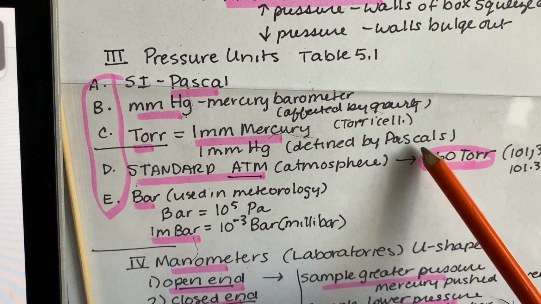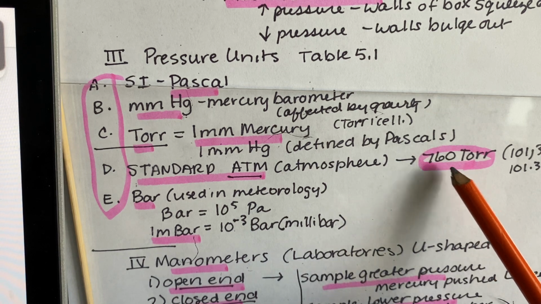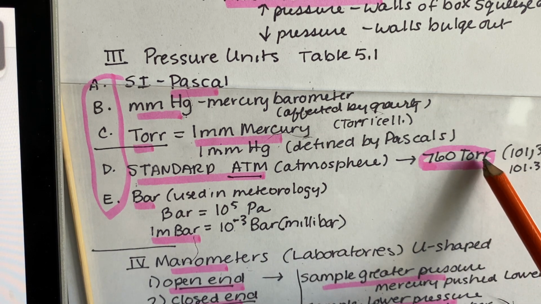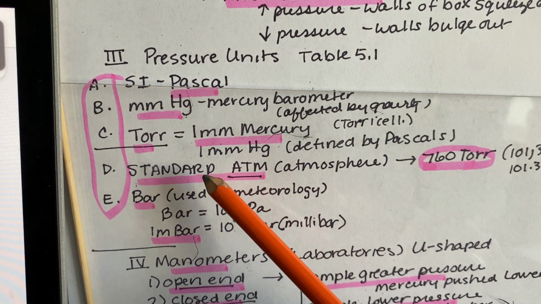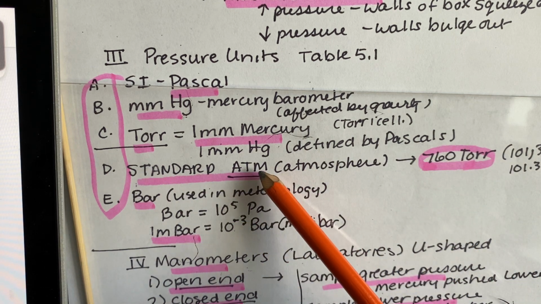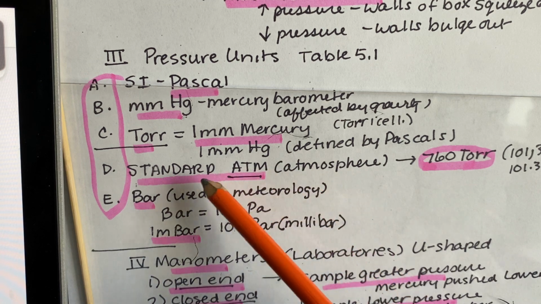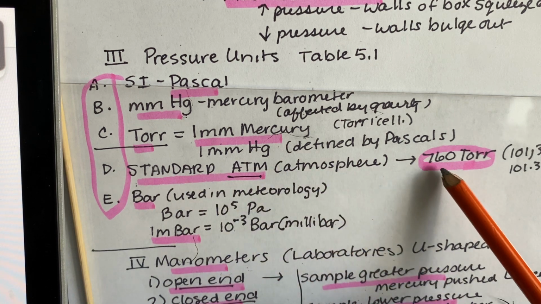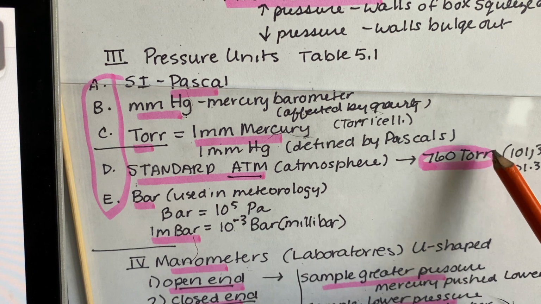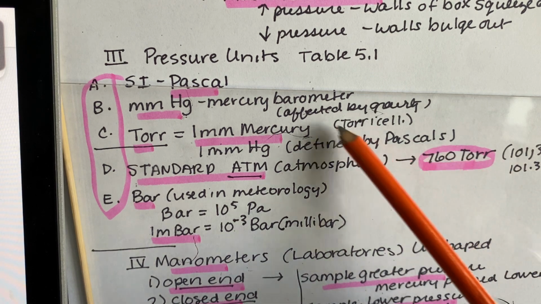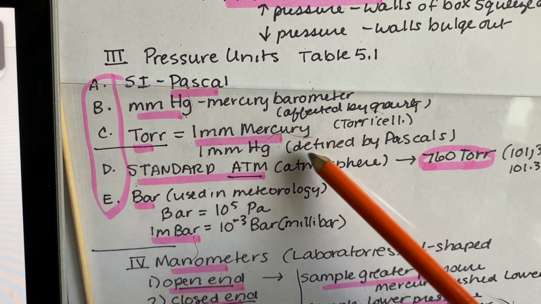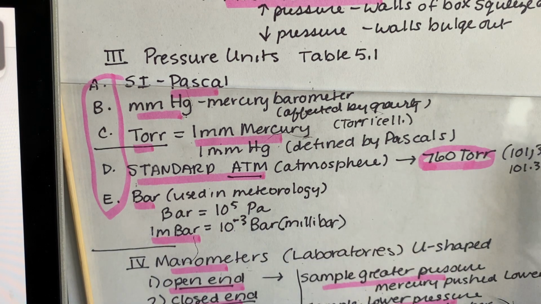And it's defined in pascals because 760 torr equals 1 atm, and that's the next unit. We have a standard atmosphere, which we call an atmosphere. So a standard atmosphere is going to be 760 torr, or 760 millimeters of mercury. See how they go? How many pascals?